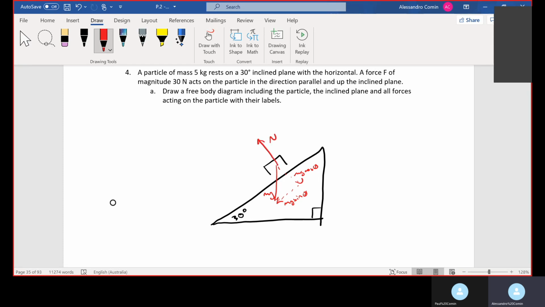And we're told that a force F of magnitude 30 newtons acts on the particle in the direction parallel and up the inclined plane. And so this is lowercase f.